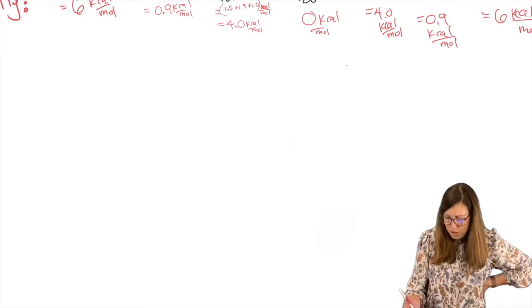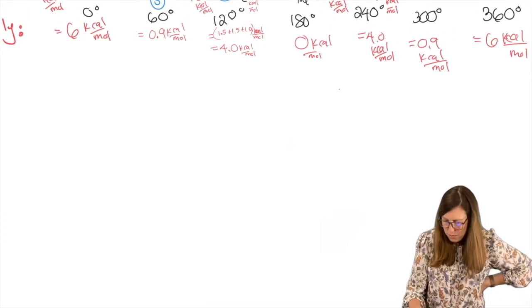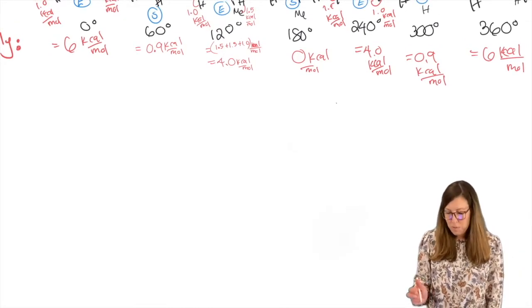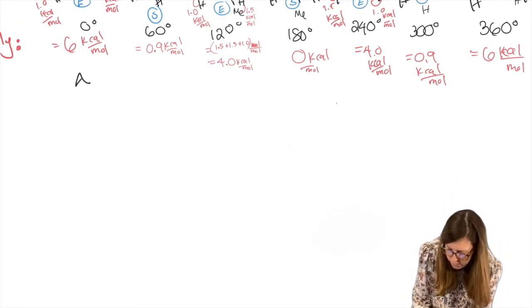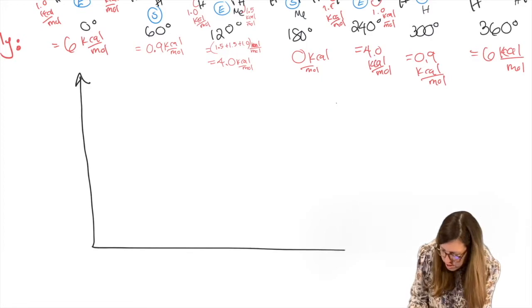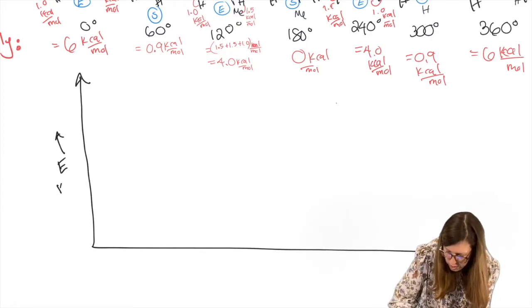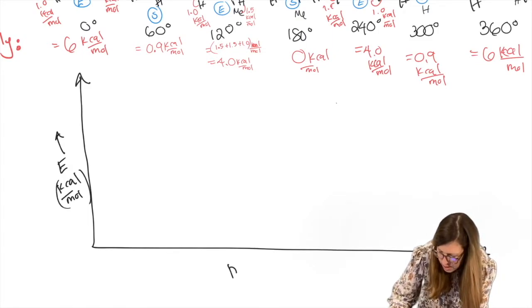I'm going to use these numbers. Those dihedral angles are my x values. Those red numbers are my y values. Energy goes up, and we are reporting that with our units, kcals per mole, in parentheses, dihedral angle along the x-axis.